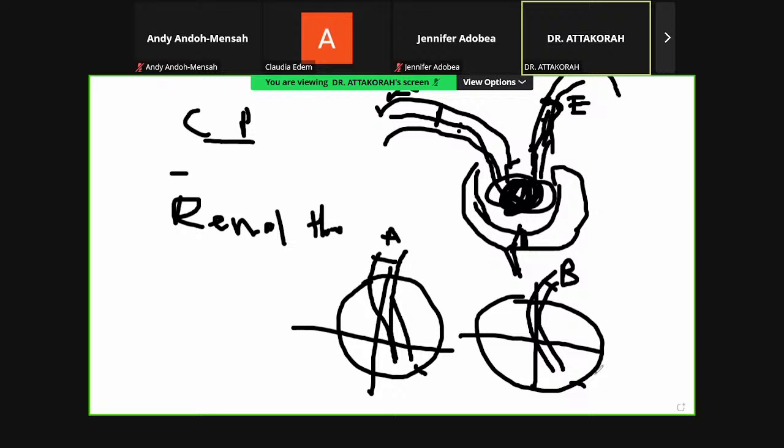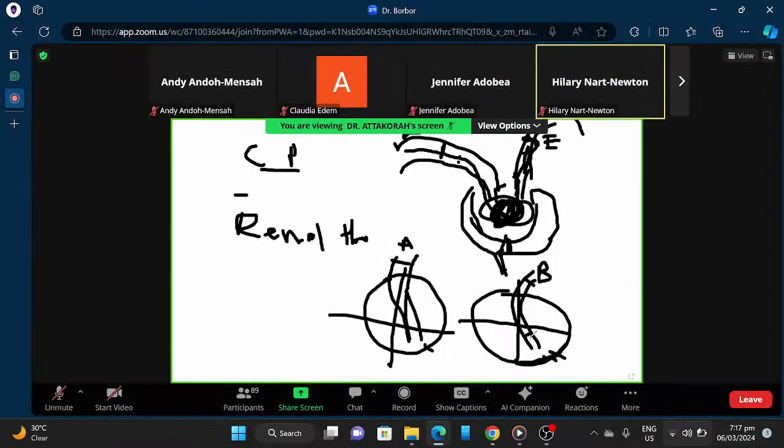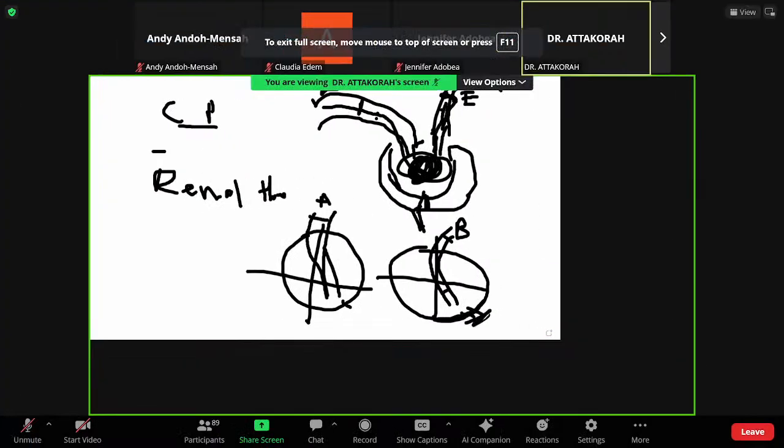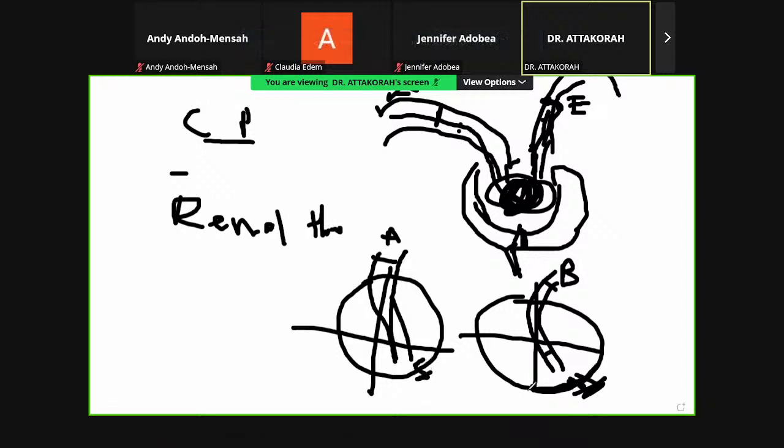So it means that for this heart, the left ventricle has to do more work to push blood through this. You get me? Is it clear? Yes, please. Because of the smaller lumen, the resistance that this side will face is greater than the resistance that this side will face.